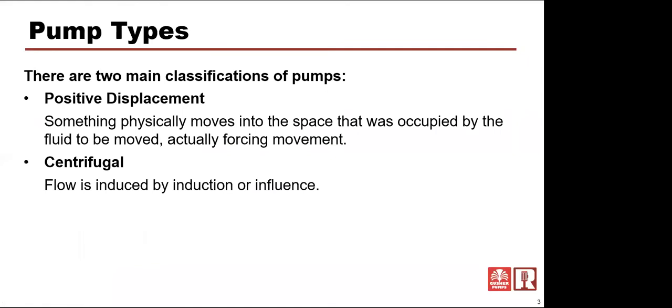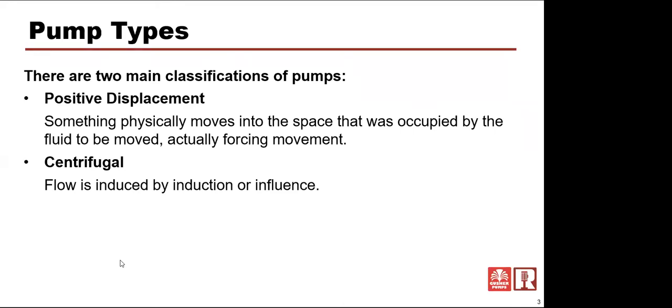Okay, so in pump types, talking about types of pumps themselves, there's really two major classifications of pumps. There's positive displacement pumps, and the definition of that is that something physically moves into the space where the fluid was to be able to force that fluid movement down the line.